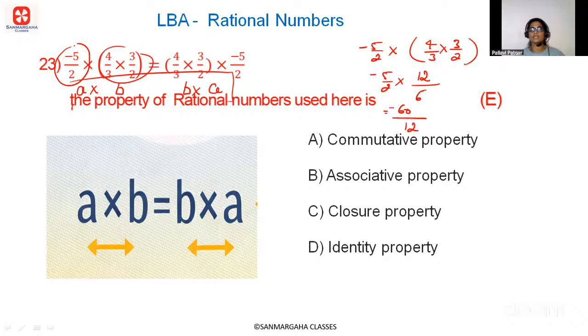Right hand side 4 by 3 into 3 by 2 into minus 5 by 2. So 4 3s are 12, 3 2s are 6, into minus 5 by 2. So 12 5s are 60, minus, 6 2s are 12. So left hand side equals right hand side.